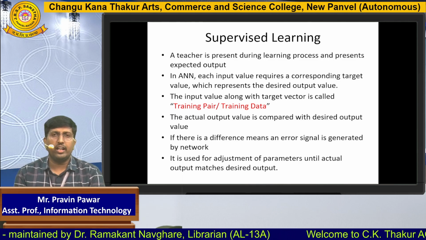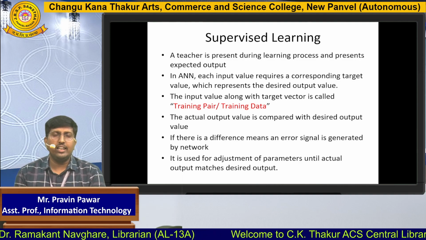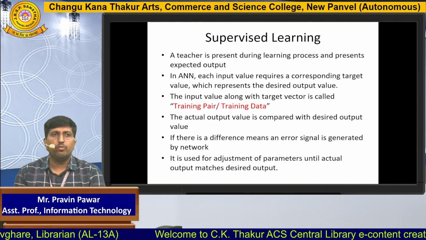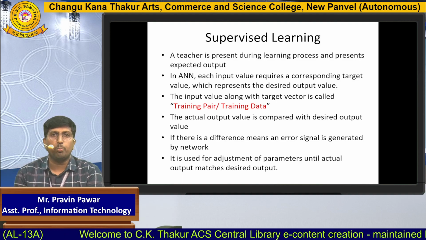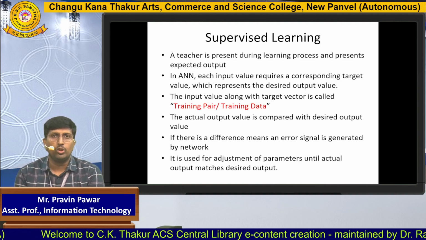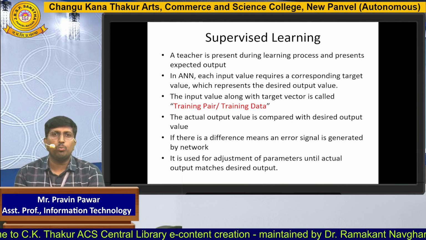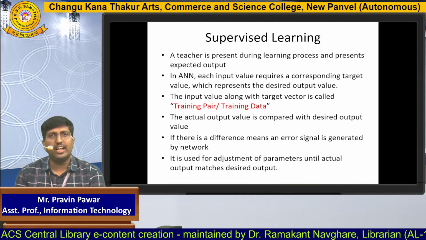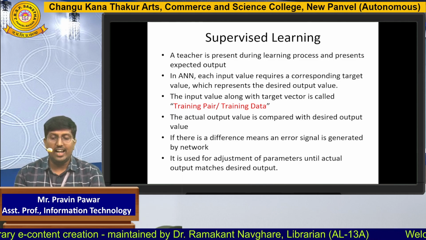In the sense, now I am teaching 140 students, and after teaching that topic to those 140 students, we require that more than 100 students should understand that topic. That is nothing but the target value. So we require a precise output, or the expected output should already be there, and then we can go for the processing. Then that will be considered as supervised learning, which represents the desired output values.